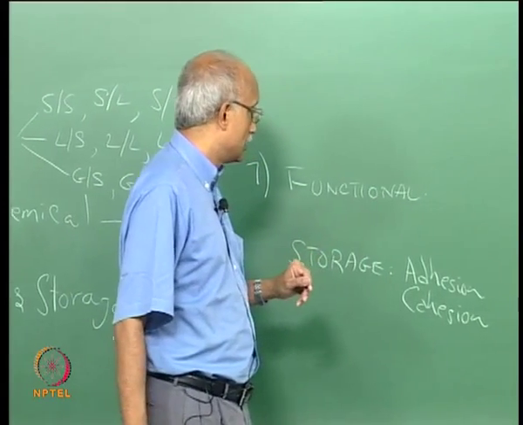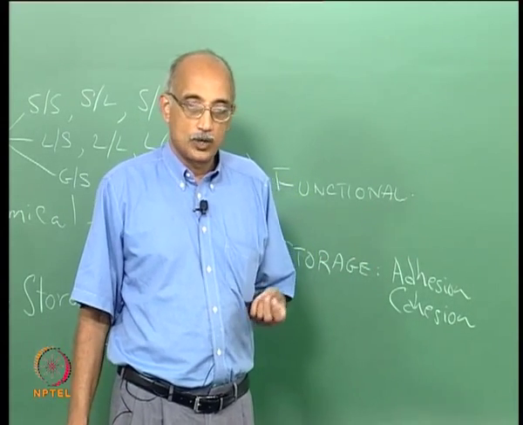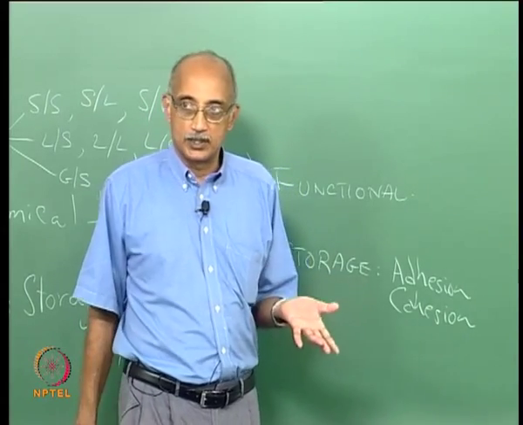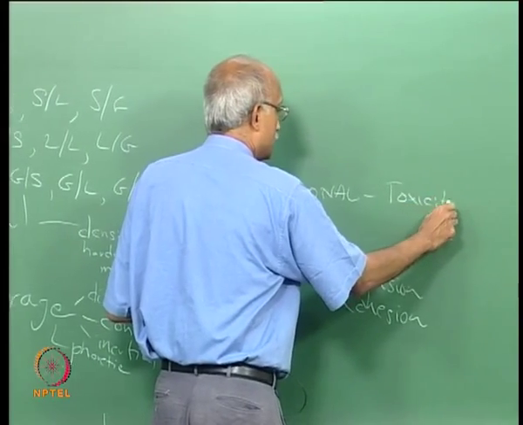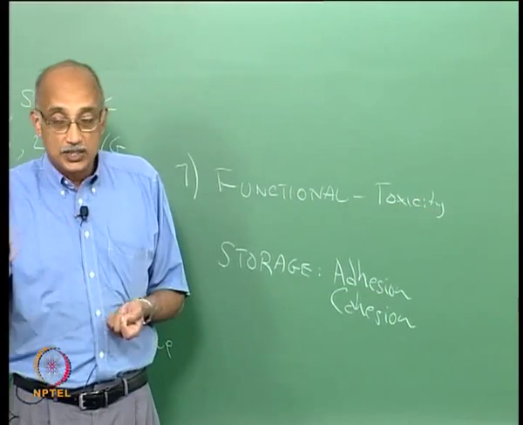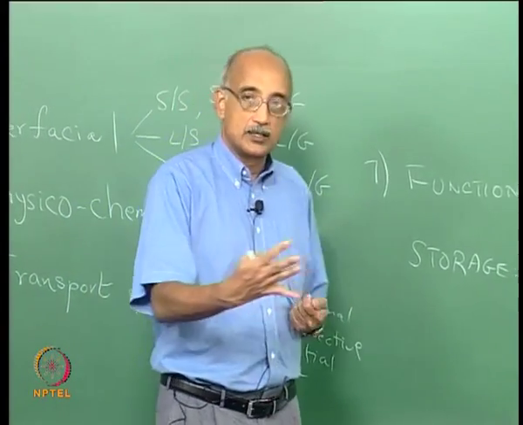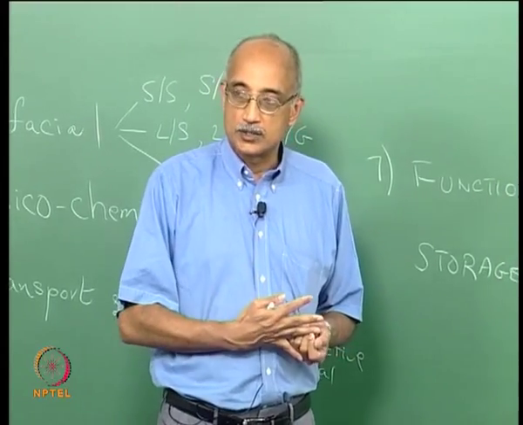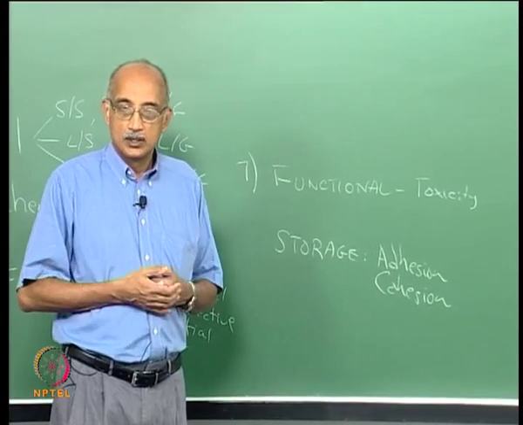So for example, let's say that you are looking at industry emissions, and one of the functional effects that you are concerned about is the toxicity of the particles that are emitted. So toxicity is certainly an example of the functional effect of a particle. In other words, the effect that it can create on whoever encounters it at the end of the process. So in terms of characterizing this particle, the predominant characterization should be for its toxicity, right?